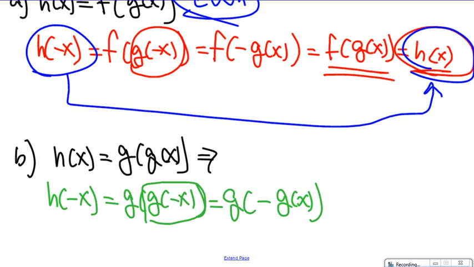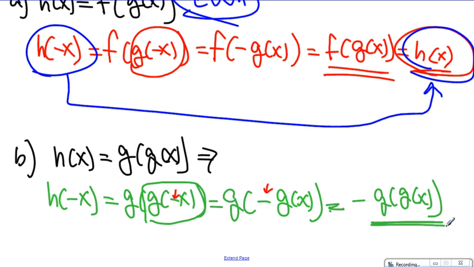Notice that the negative sign on the inside actually came out of g, and it's now on the outside. All right, when you continue further, the function g behaves the same way when you have the negative sign inside of that. Since this is an odd function, this will be equal to negative g of x.